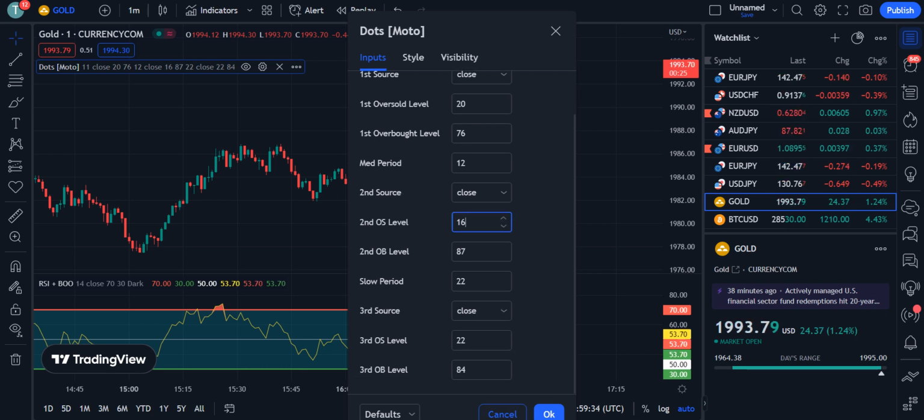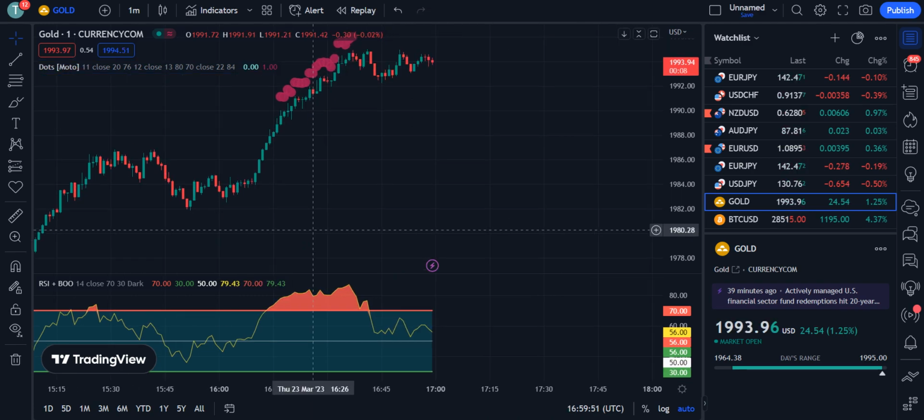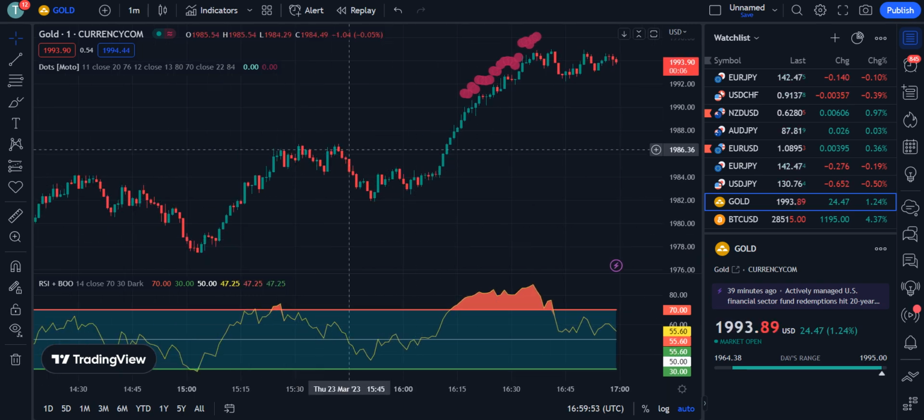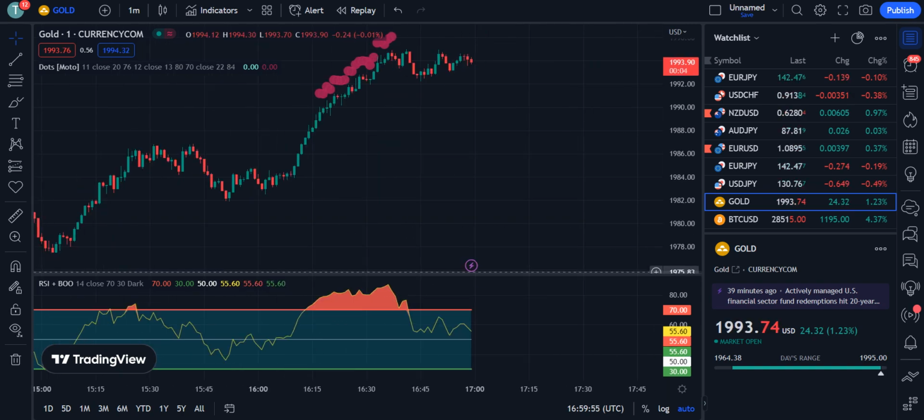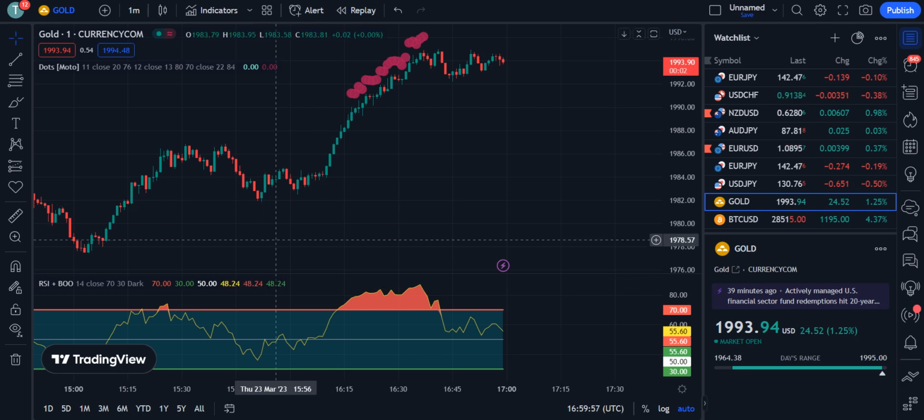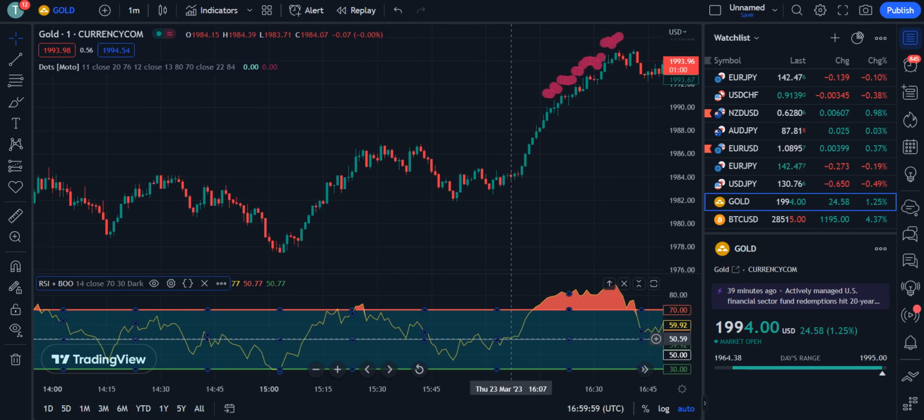In the second OS level, instead of 16 type 13, in the second OB level, instead of 87 type 80, and in the slow period, instead of 22 we have to type 70. Click OK. This is all according to our strategy requirements. Now our chart is set according to our requirements.